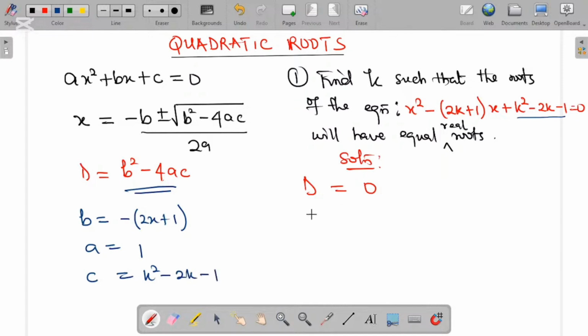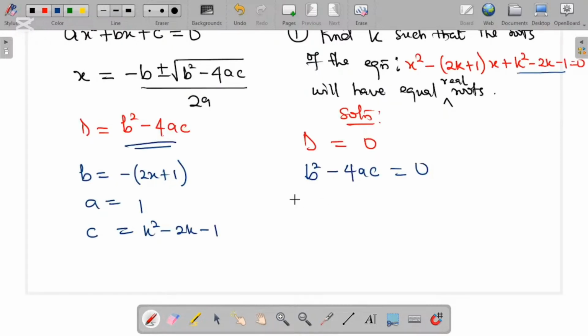Let's now begin to substitute into our formula. If we substitute here, b squared minus 4ac must be equal to 0. So if we substitute our b as minus 2k, sorry about that, this thing here is 2k, not 2x, please, and then all squared, which is our b squared, minus 4 times a, which is 1, times c.